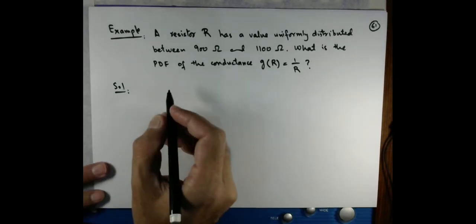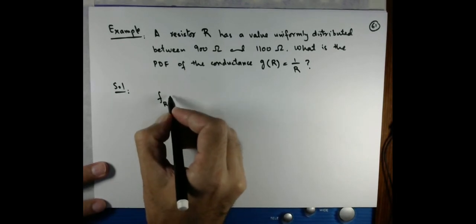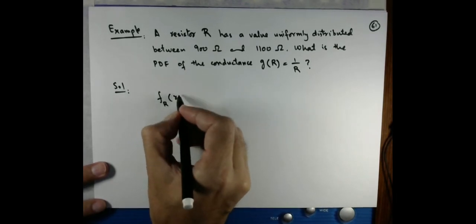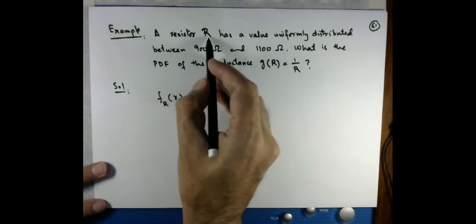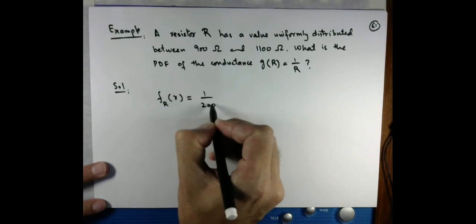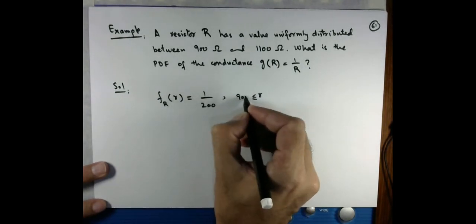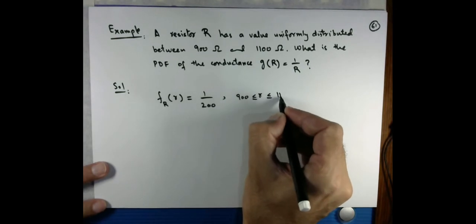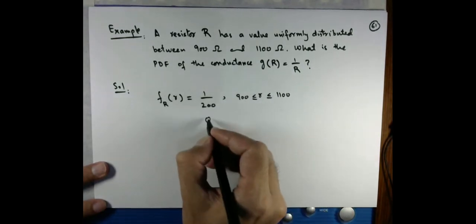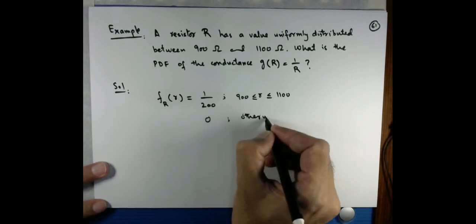So now we are given that the PDF of the source random variable R is simply 1 over 200 for R greater than or equal to 900 and less than or equal to 1100 ohms, and it is equal to 0 otherwise.